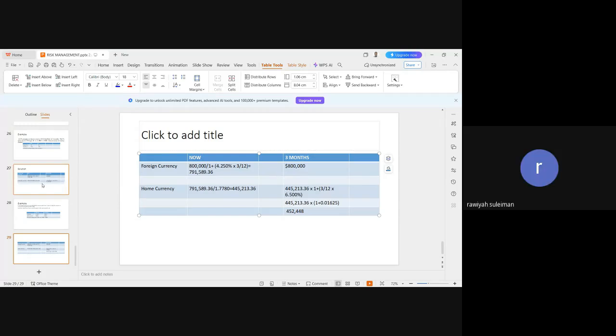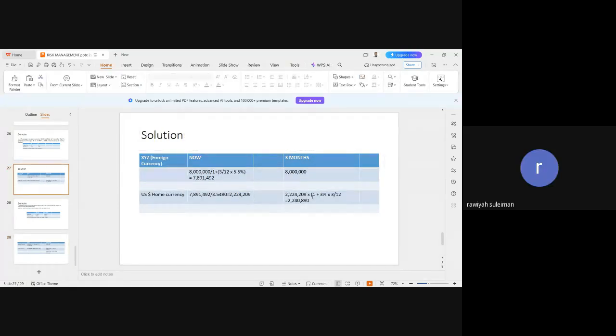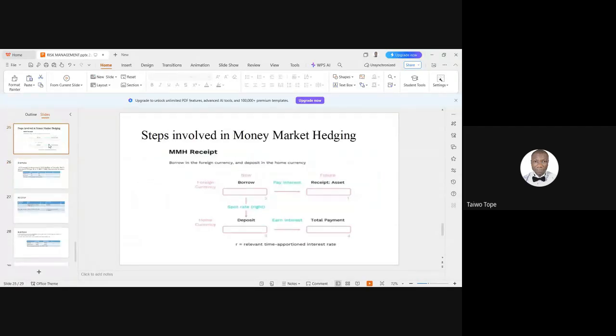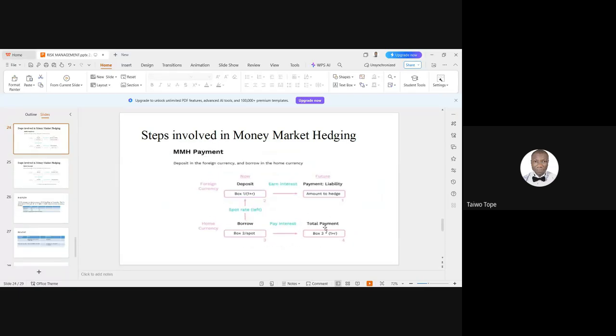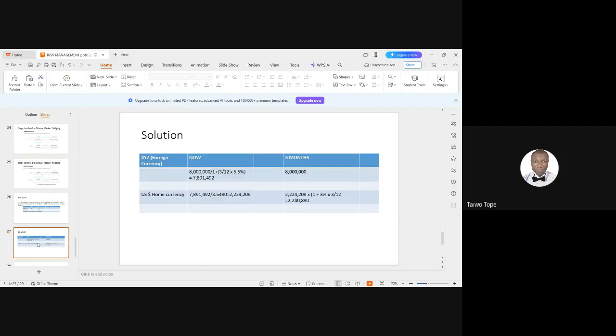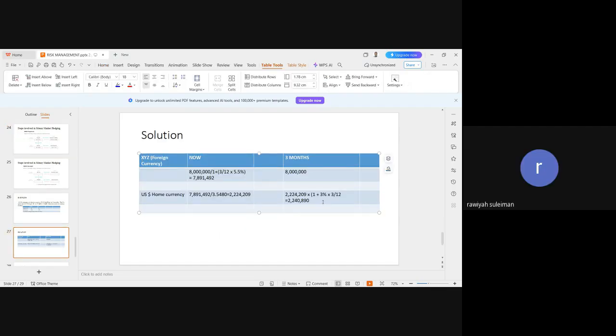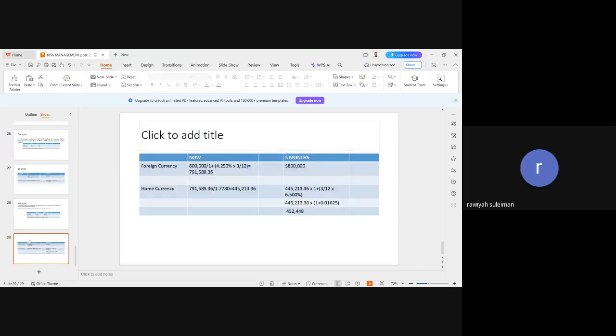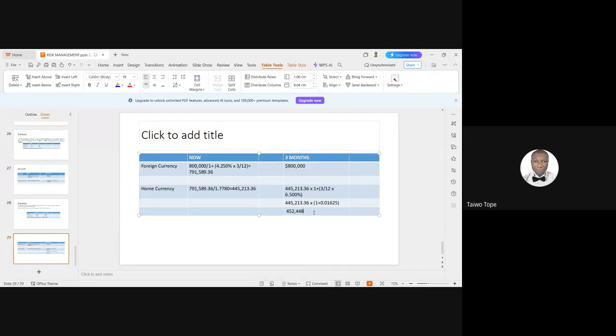Go to the format I presented. Multiplication: 1 plus R. Do you see it? Yes, sir. That's why we got it wrong. So it's to multiply, and the answer should be 452,448.0771.